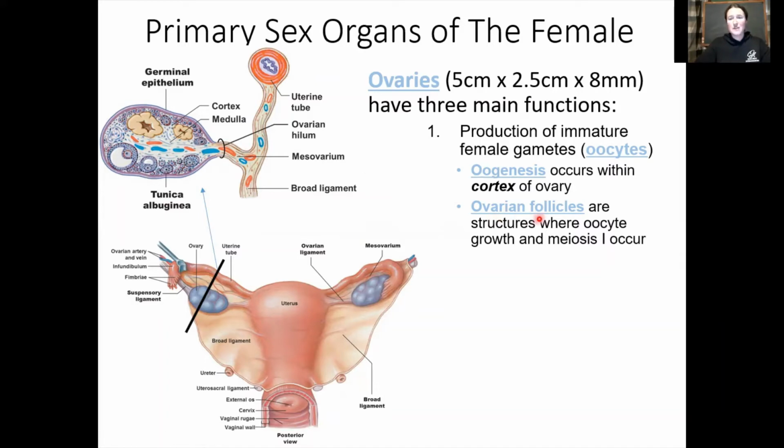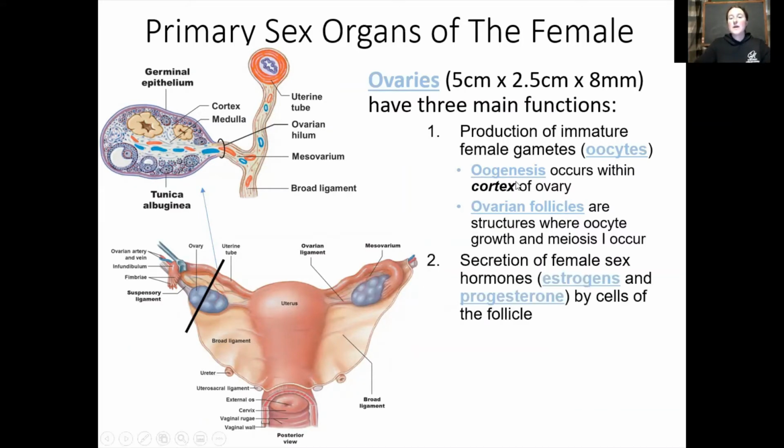Okay, so these ovarian follicles are the nurturing structures that are going to both facilitate and regulate the meiosis of the developing egg, as well as sustain a pregnancy for the first few weeks to few months, if that has occurred. And so these follicles are just a series of cells that are really important in making the eggs and sustaining the eggs, especially if they are fertilized.